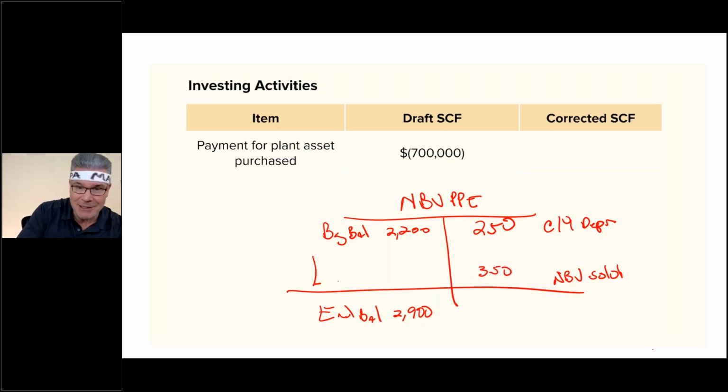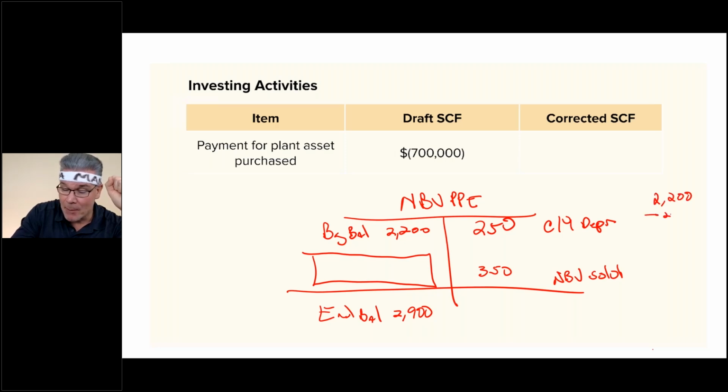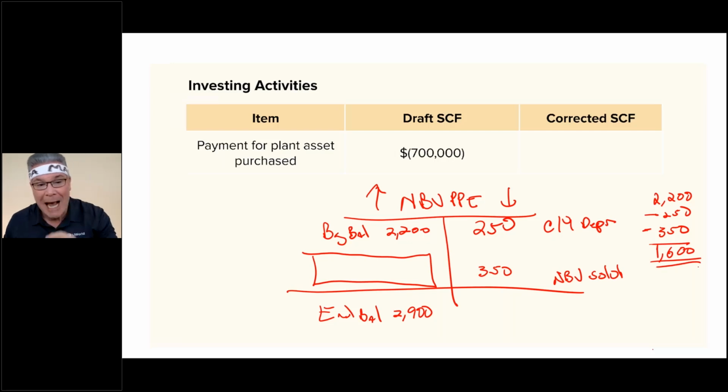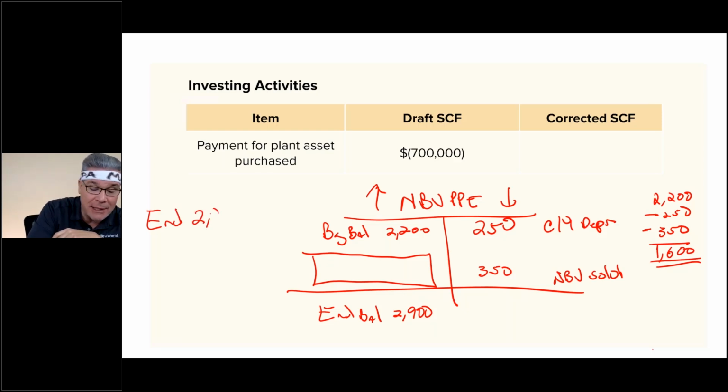So we backed into this $1.3 million. $2.2 million beginning balance minus $250 minus $350. Our ending balance would have been $1.6 million had we had no purchases. Had we had no purchases, our ending balance would have been $1.6 million if we didn't buy anything. But our actual ending was not $1.6 million. It was $2.9 million minus that $1.6 million.